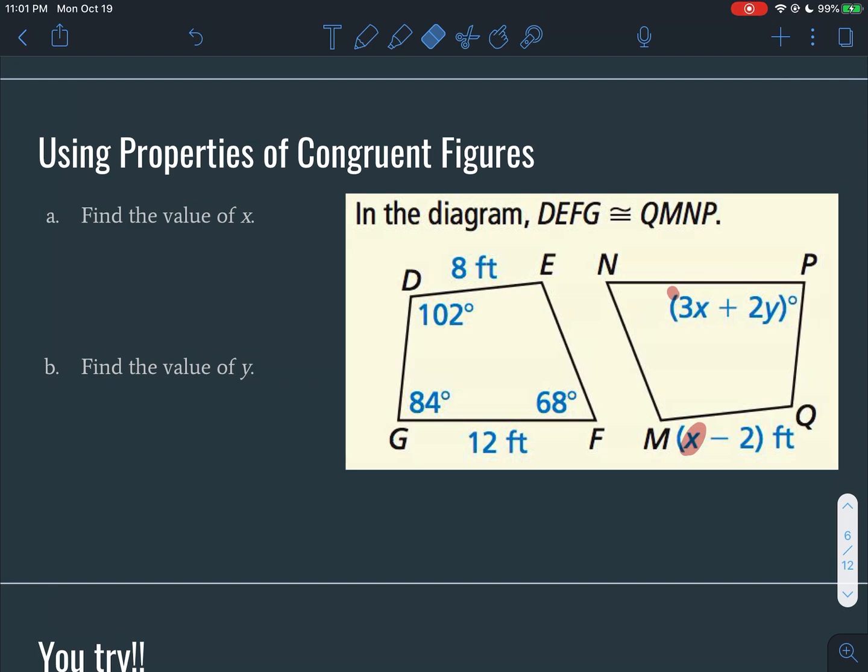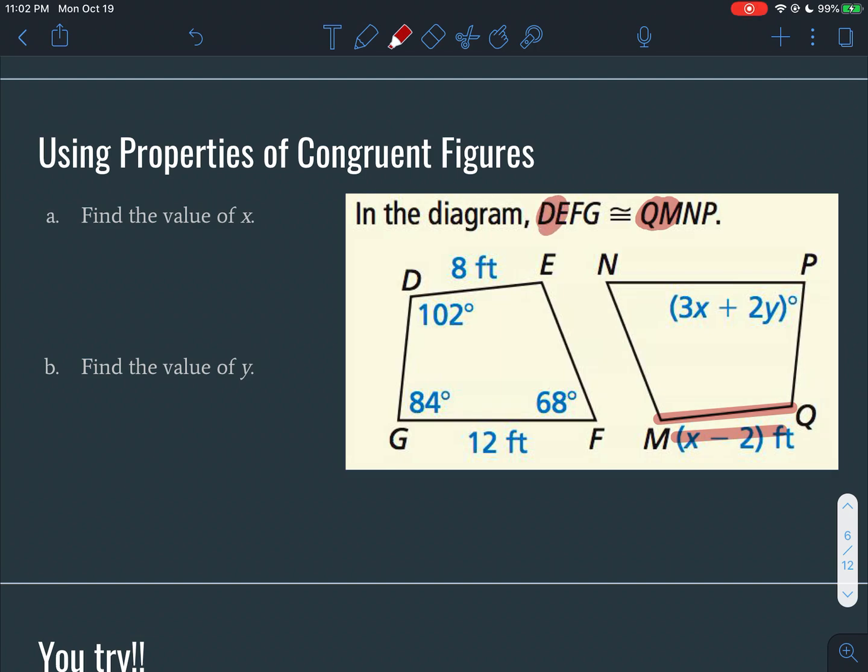And since I don't know y, I'm not going to use that one yet. Okay, I'm going to use the side MQ.